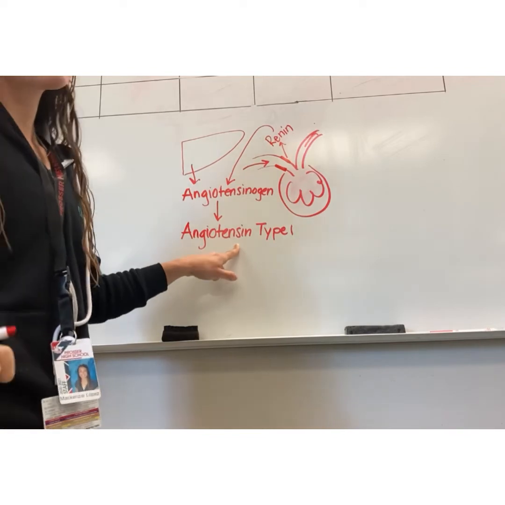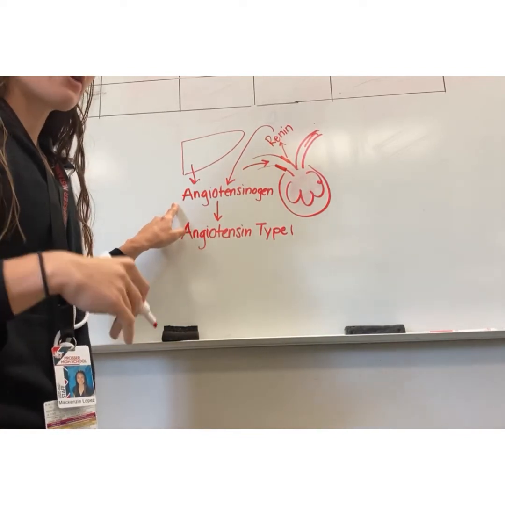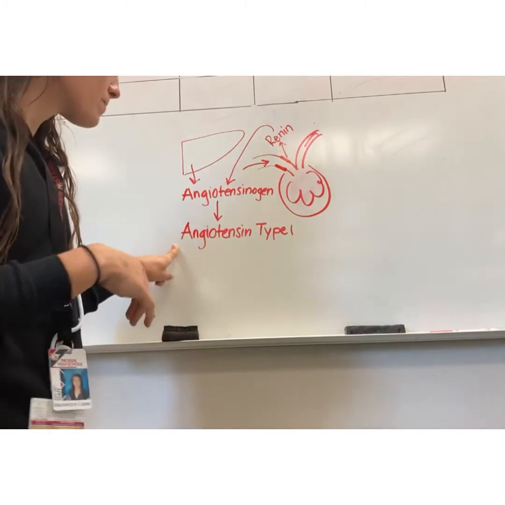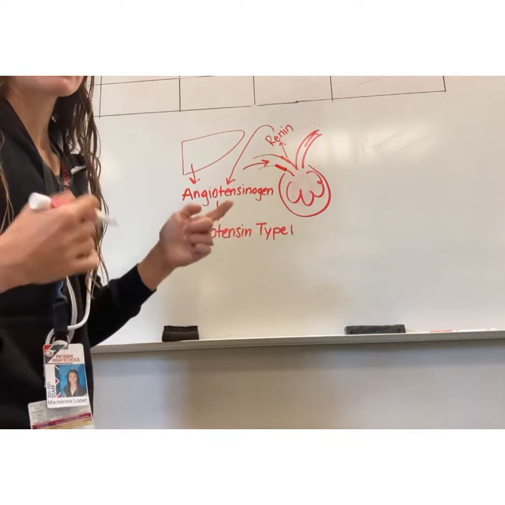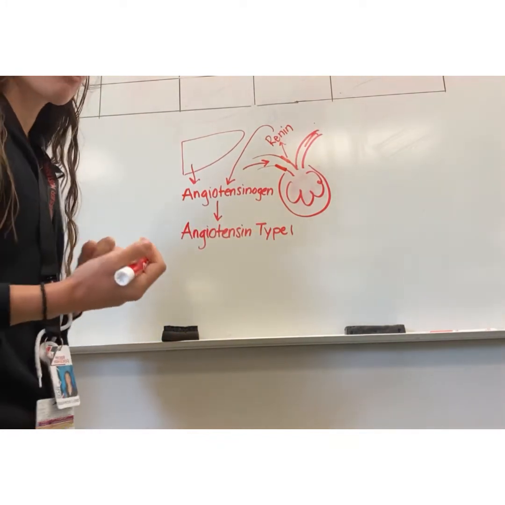Angiotensin type 1 is essentially this angiotensinogen with a few amino acids dropped off, making it a smaller protein called a peptide. Angiotensin type 1 can't quite do anything for blood pressure yet, but it has started the process.